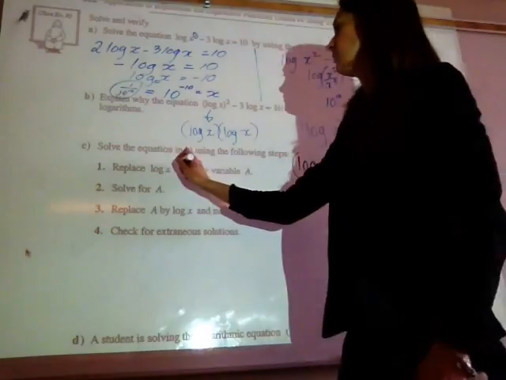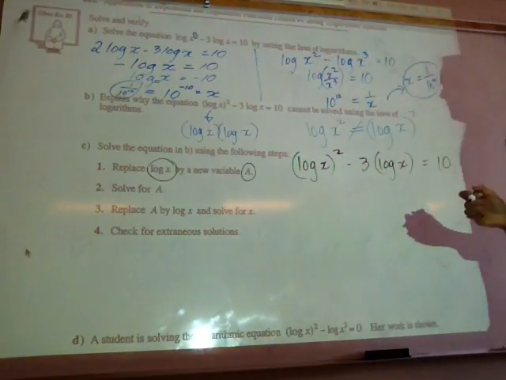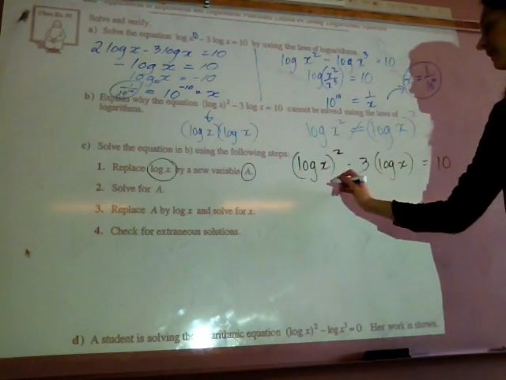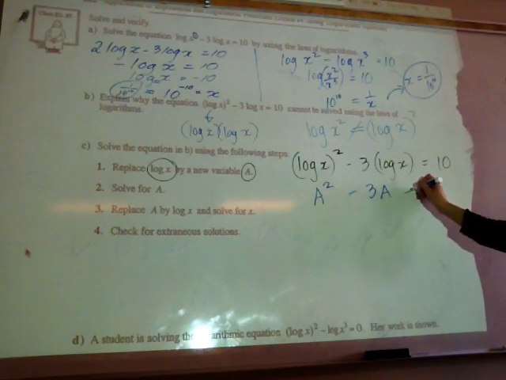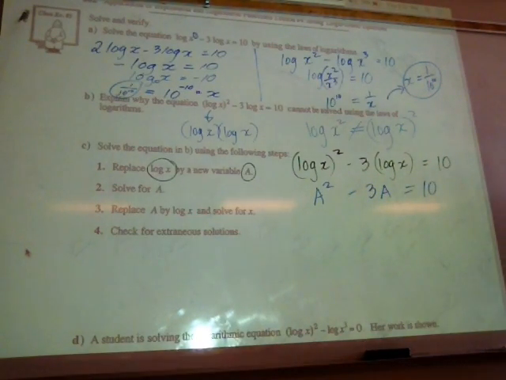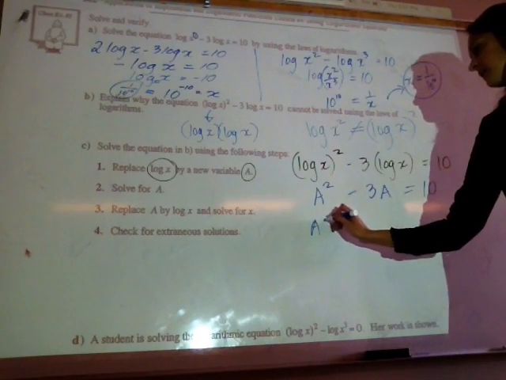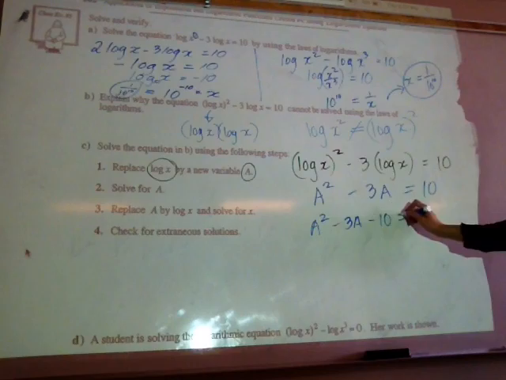Okay, so step 1, replace your logarithm x with a new variable. In this case, they've chosen a. So if I sub a in, I get a squared minus 3a, and that equals 10. Does that just look like a regular quadratic equation to solve now? Yep, so we set it equal to 0, and we get a squared minus 3a minus 10 equals 0.